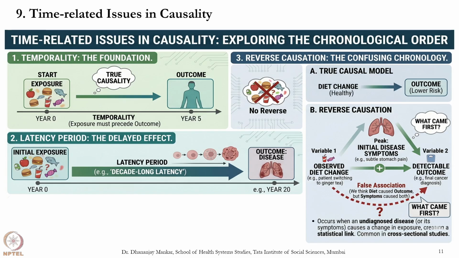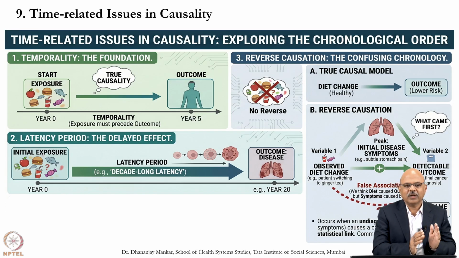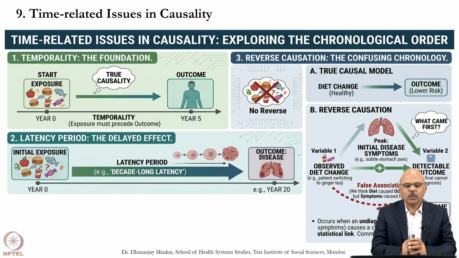Time-related issues in causality, exploring the chronological order. Temporality: the exposure starts, then true causality, and you can see the outcome might come after 1 year, 2 years or 5 years. So for temporality, exposure must precede the outcome. Then latency period. The latency period might be a decade long.